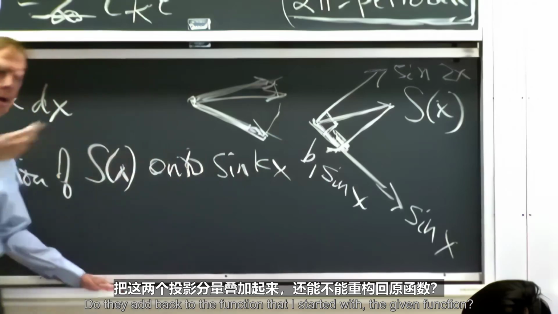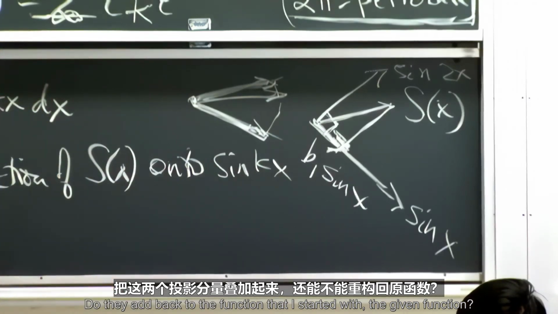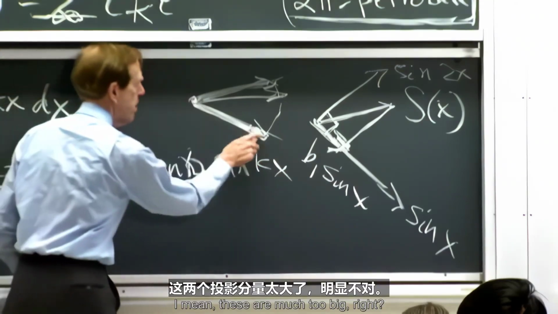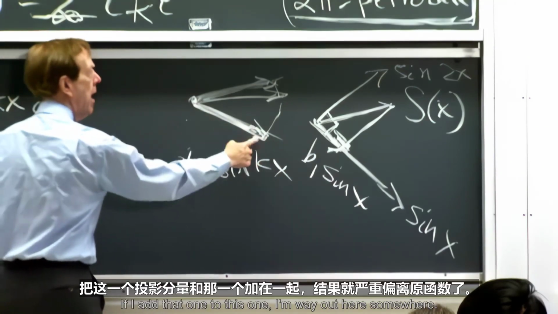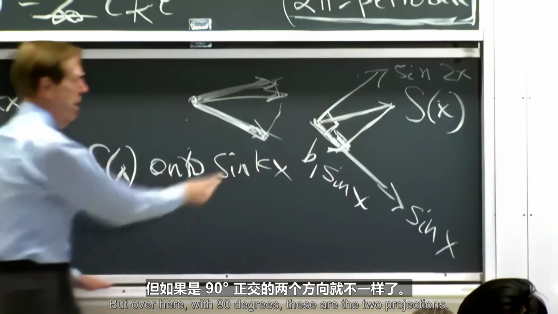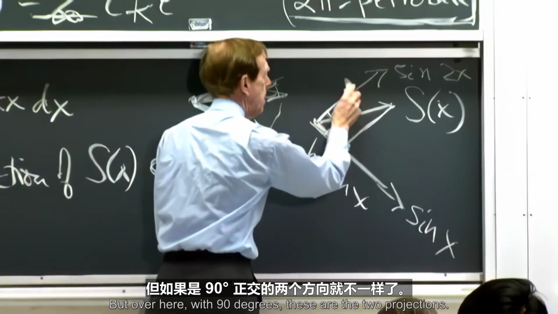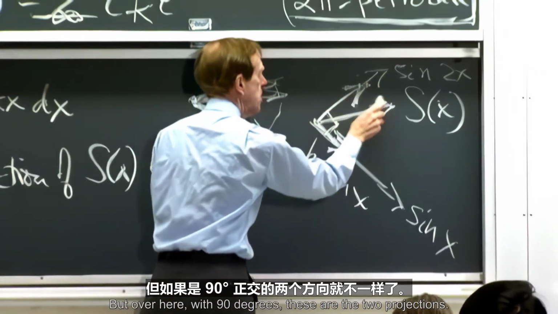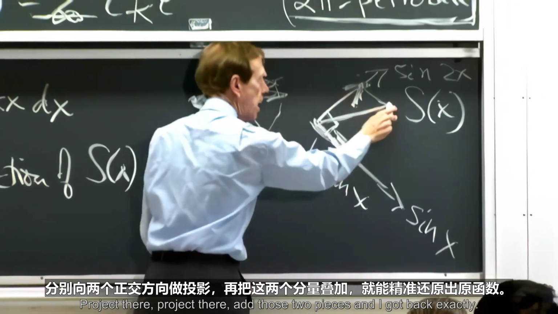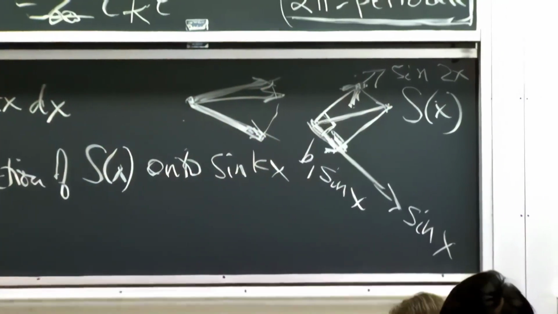Do they add back to the function that I started with, the given function? No way. I mean, these are much too big, right? If I add that one to this one, I'm way out here somewhere. But over here, with 90 degrees, these are the two projections. Project there, add those two pieces, and I got back exactly.